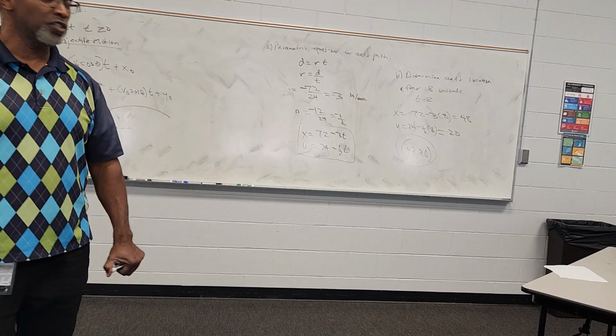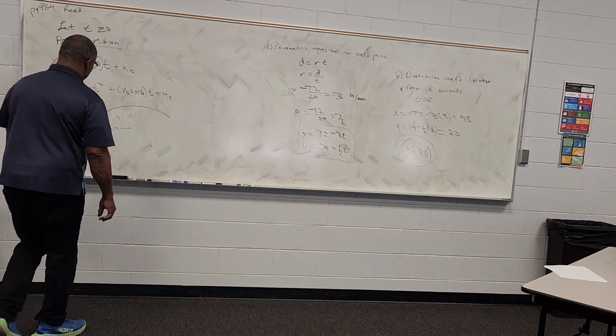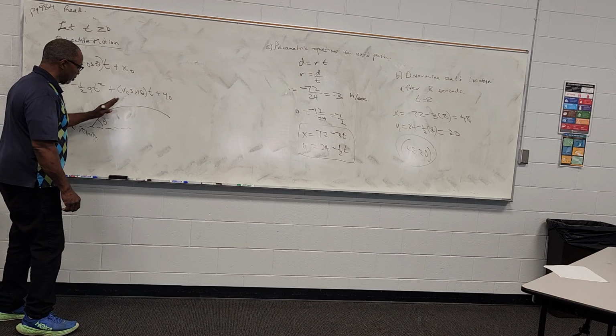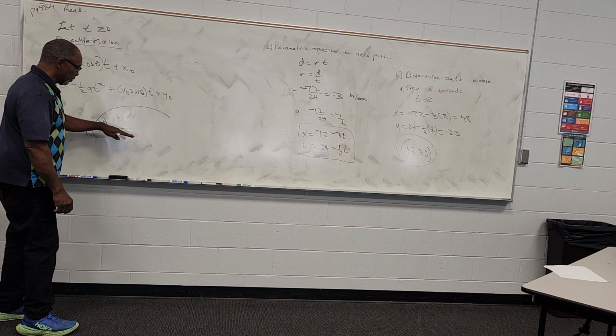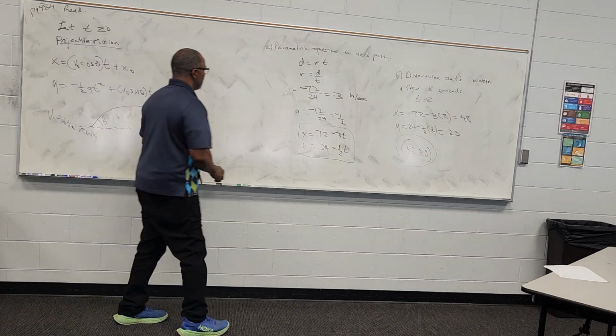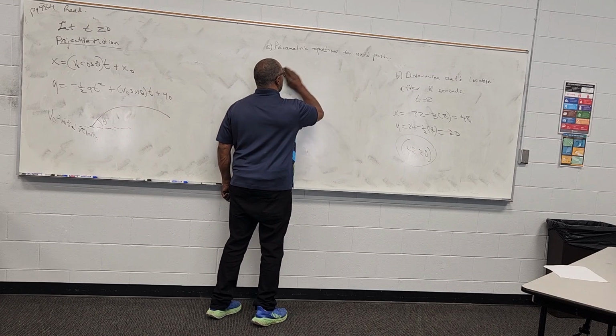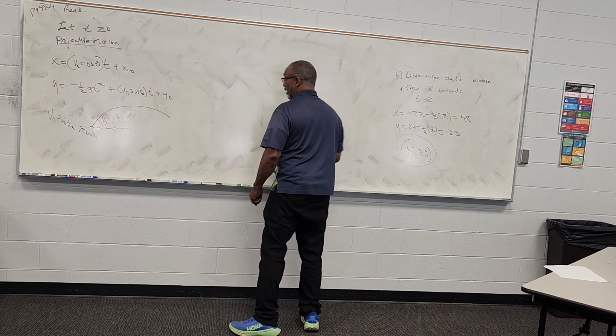Y sub 0 is still your initial vertical position. So theta is the angle at which the projectile is launched with respect to the horizontal. So there are my projectile motion parametric equations.